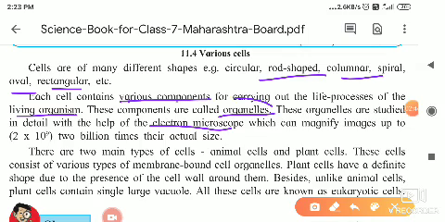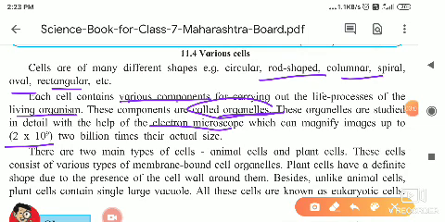If you have to study the cell organelles, they are very minute. Actually, cell size we discussed yesterday. It is very minute, and the cell organelles are smaller than that. So to study them, we have to use the electron microscope, which can magnify images up to 2 into 10 raised to 9, that is, 2 followed by 9 zeros.